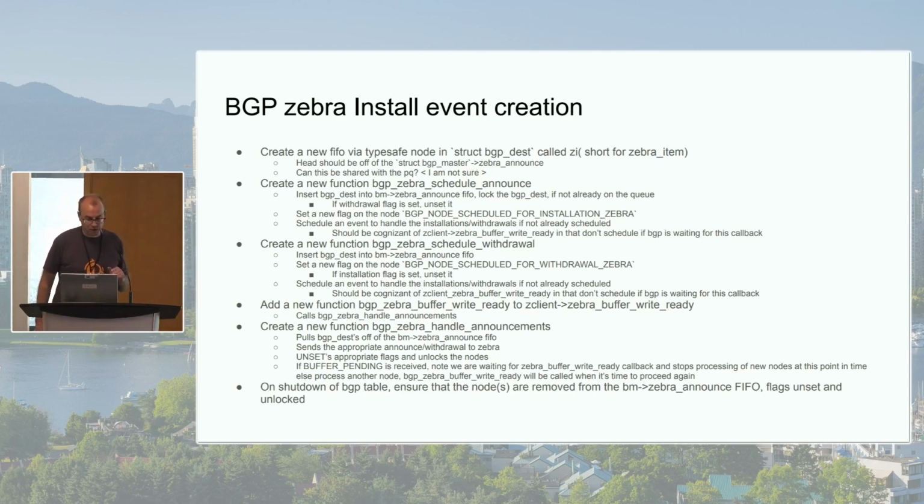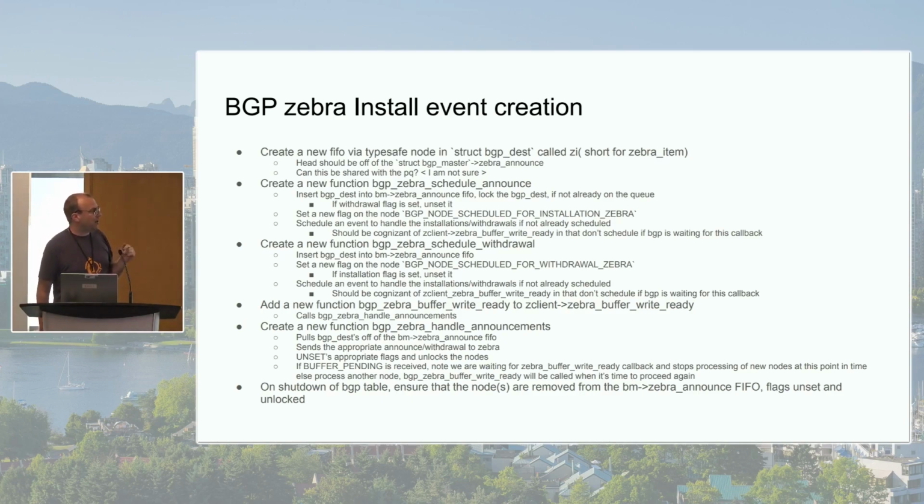So what I want to do is create a new node that is a new FIFO that is stored off of the struct bgp_master for routes that we want to announce to Zebra. When we decide that we want to add a new route or delete a route, we'll add the node to the FIFO, and then we'll schedule an event to wake up and start at the top of the FIFO and start doing route installations.